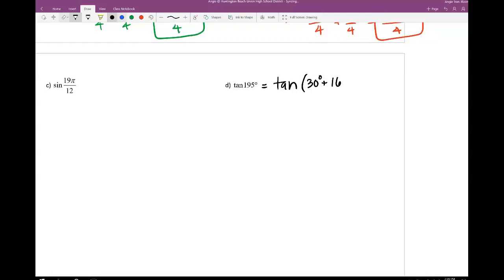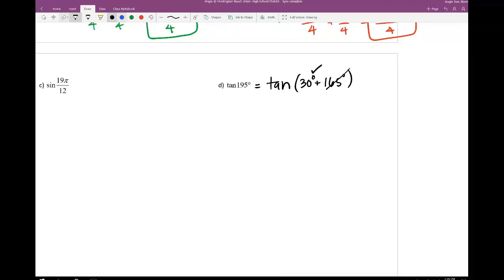That's 165. Is 165 an angle that we know? That's really the question it comes down to. Even though we know 30, we don't know 165. How about if I use tangent of 45 degrees plus, what do I need to add to 45? 150. Okay, now that's something that we can work with.